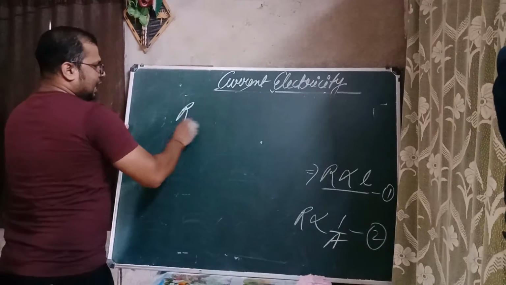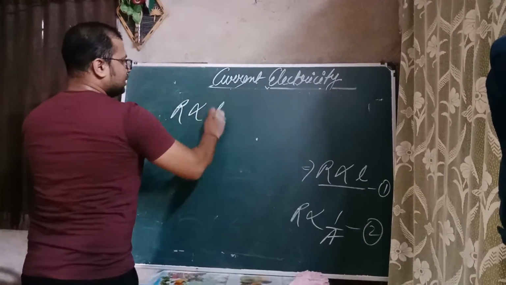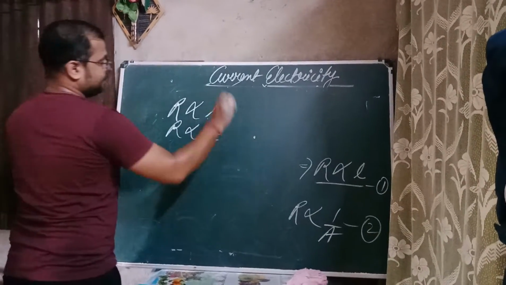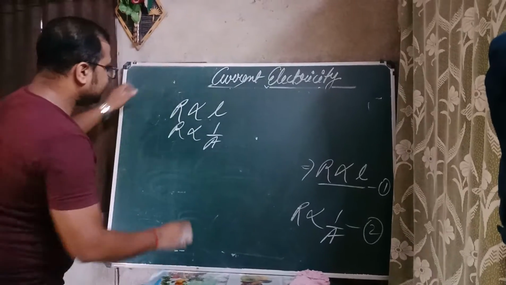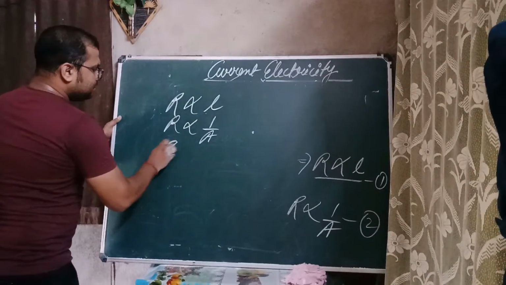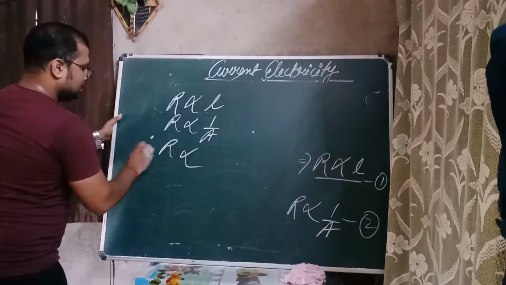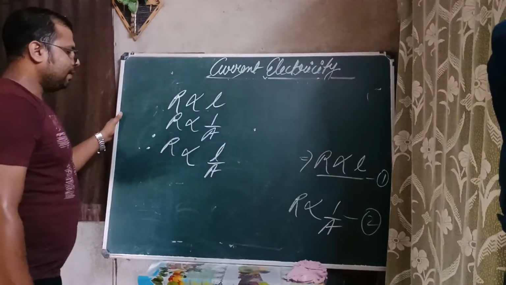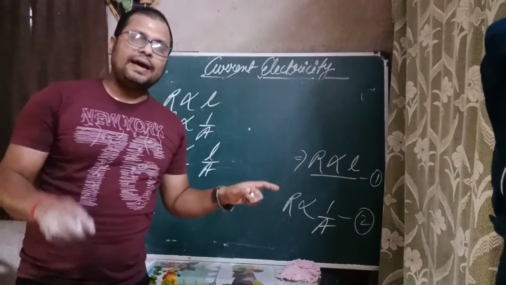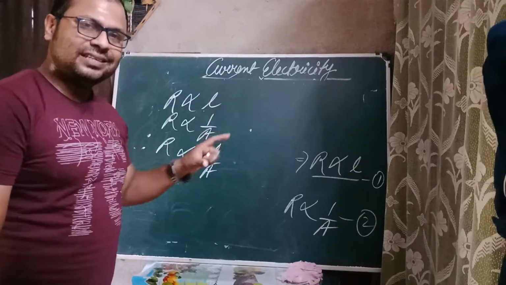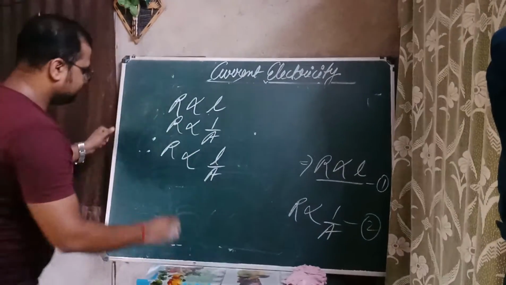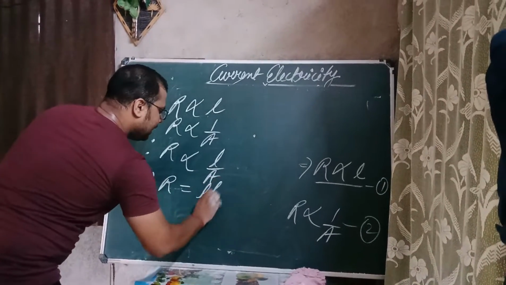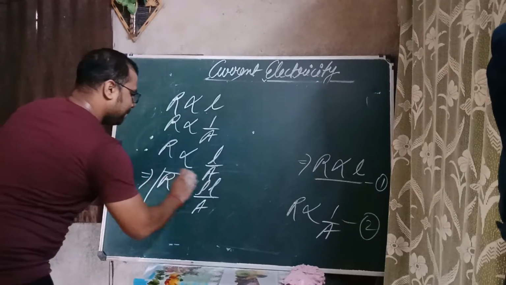So R is directly proportional to L and R is inversely proportional to A. When we combine these two, it becomes R is directly proportional to L by A. To remove this proportionality sign, we have to place a constant and then put the equal sign. Then R is equal to rho L by A.